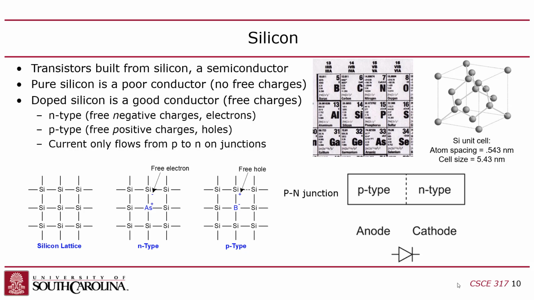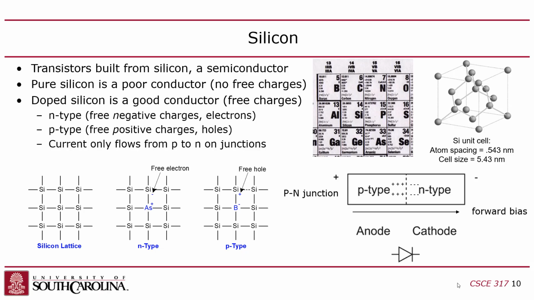And so that's how a diode works. A diode is when you take a P-type and an N-type silicon and you mash them together. And if you put a positive voltage on the P-type with respect to the N-type, what that will do is attract the minority carriers.